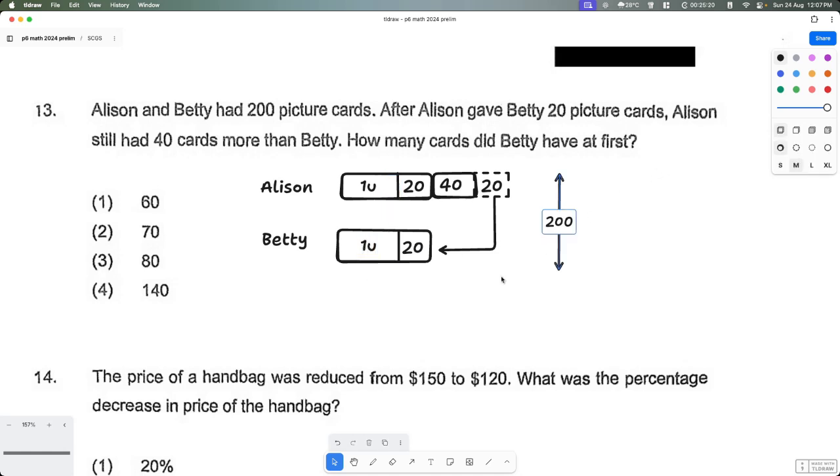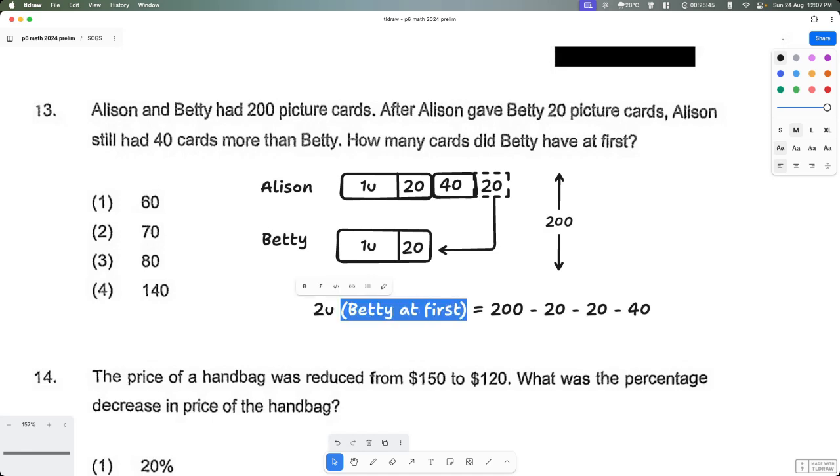So with that said, Betty at first, which is before the 20, 1 unit, is equal to 200 minus 20 minus 20, which is 40, and then we divide it by, so this is 2 units, right?